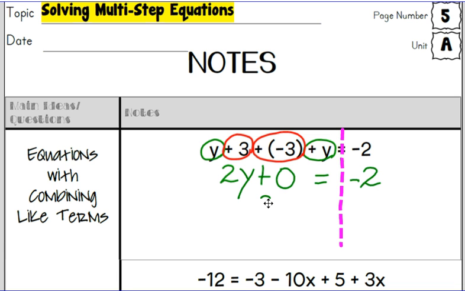So if I were to write this as 2y equals negative 2, then I'm undoing this operation, so I would divide by 2. So then y would equal negative 1. So making sure that if you have like terms that you can combine on one side of the equation, that you do that before you try to solve.